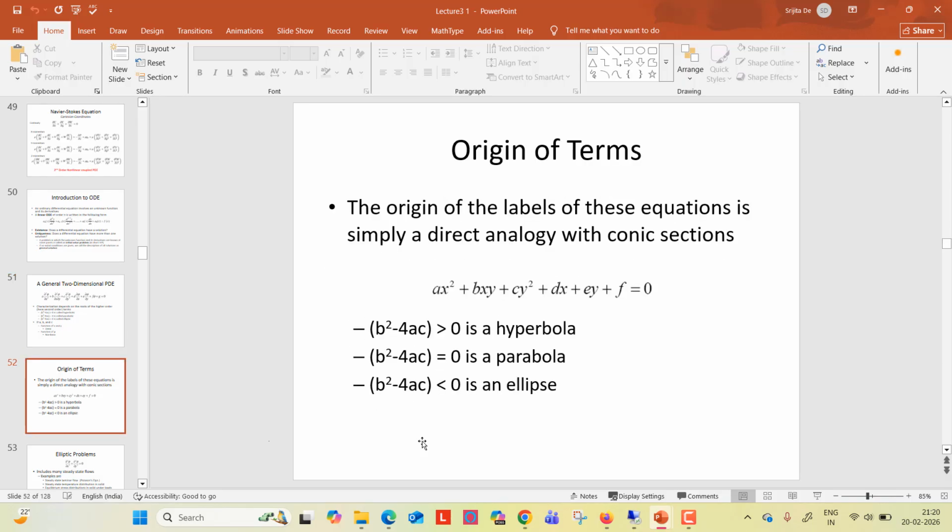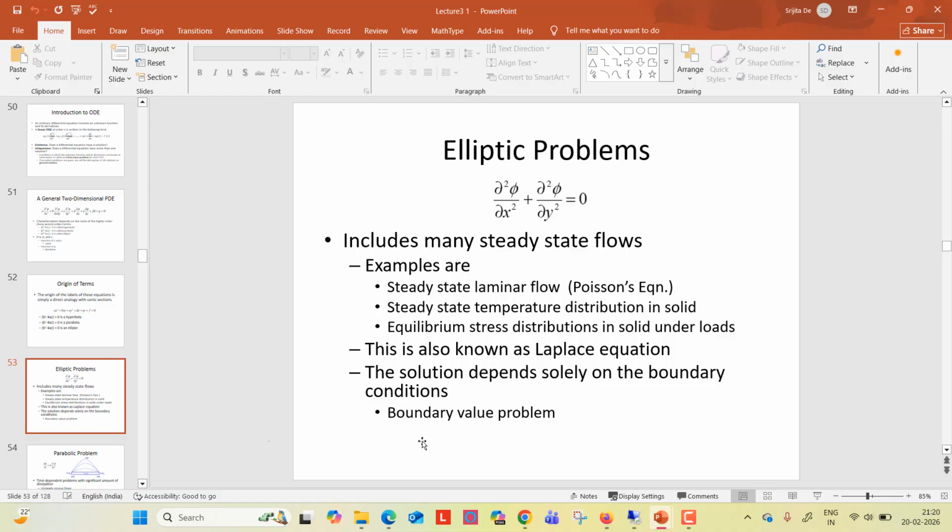If you compare this term with the Navier-Stokes equation, if you remember, the Navier-Stokes equation has del 2u del x2 plus del 2u del y2 terms, right? So this is the viscous term. So the viscous portion is your elliptic portion.